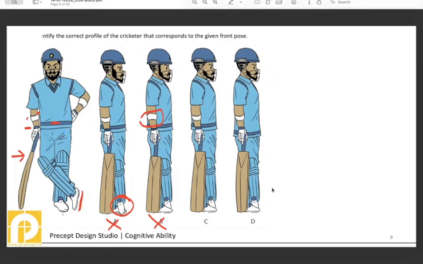So the correct answer here, therefore, should be option C. In D, the blue band on the shirt is at the bottom, the hand is on top, which is wrong. So C is the right answer here. We'll move to the next one.